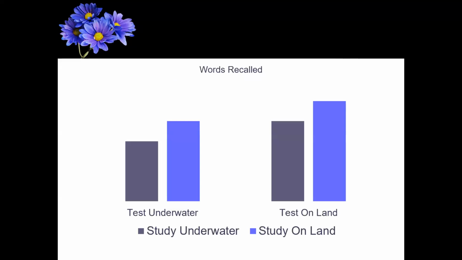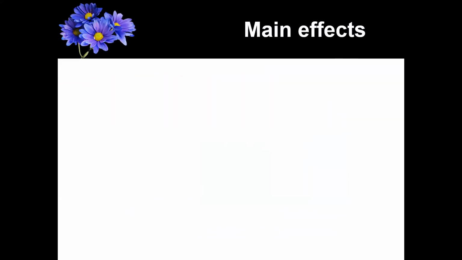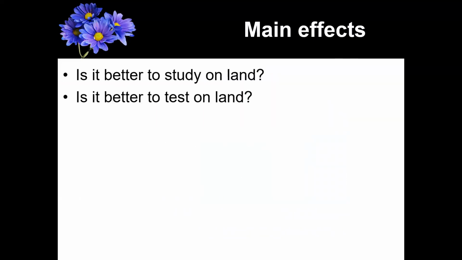Just looking at these two, studying on land overall, when you combine the other conditions, is harder, right? The average of these two dark bars is lower than the average of these two purple bars. So you can just give a straightforward main effect answer. Yes, it's harder to study on land.